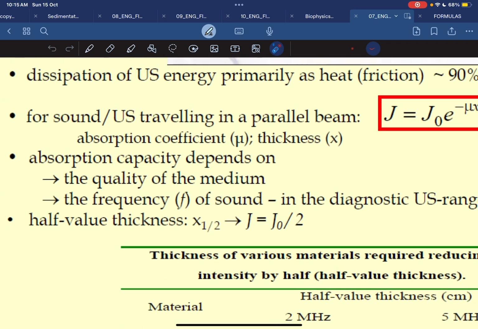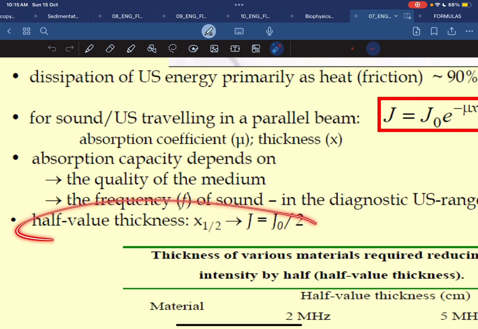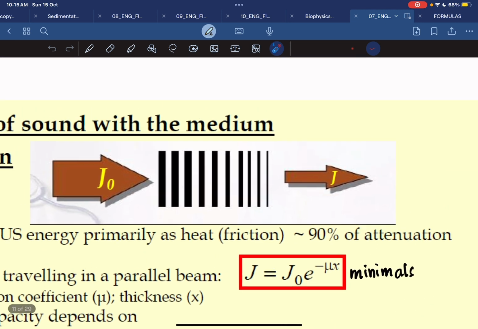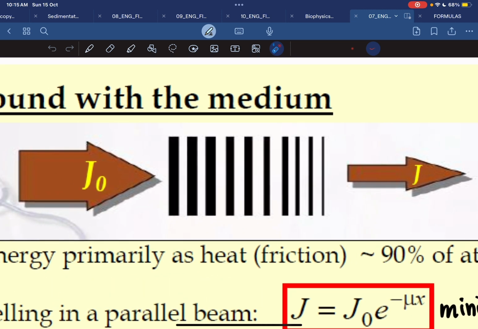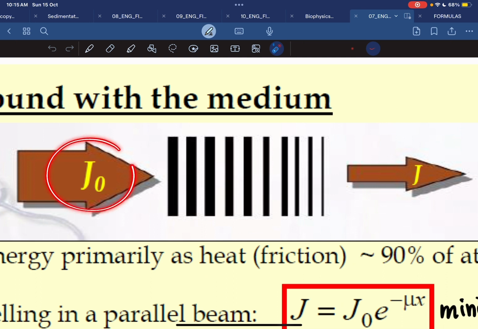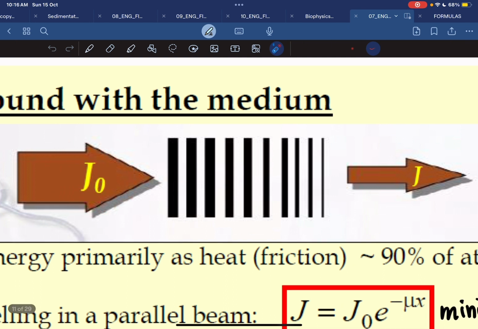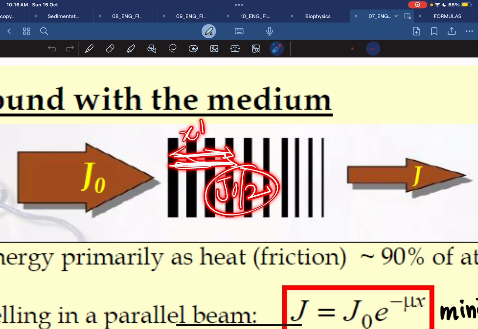Now, what is this half value thickness? Half value thickness refers to the thickness, after passing how much distance in this medium, at which J0 became exactly half. How much distance it traveled during that time is called x half.